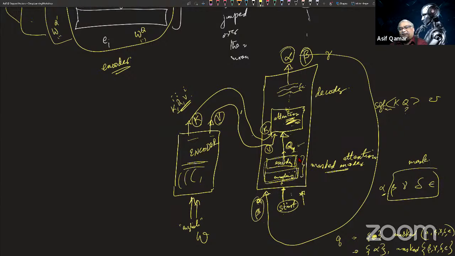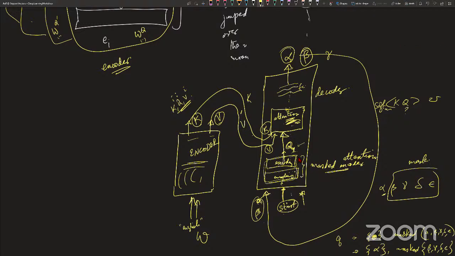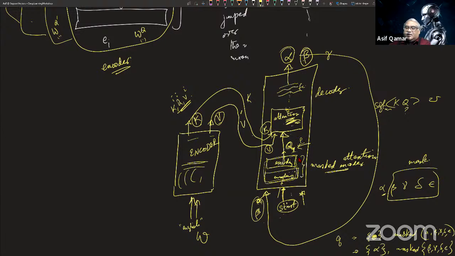The sentence is done. But how will it produce the stop token, because you only pass K and V? Here's the thing. The K and V are coming from here and they remain constant. As you keep feeding alpha, beta at the bottom, they are generating the probe or query vector. Each query vector will go and match the value vectors based on the key dot product. Different query vectors will be similar to different keys.